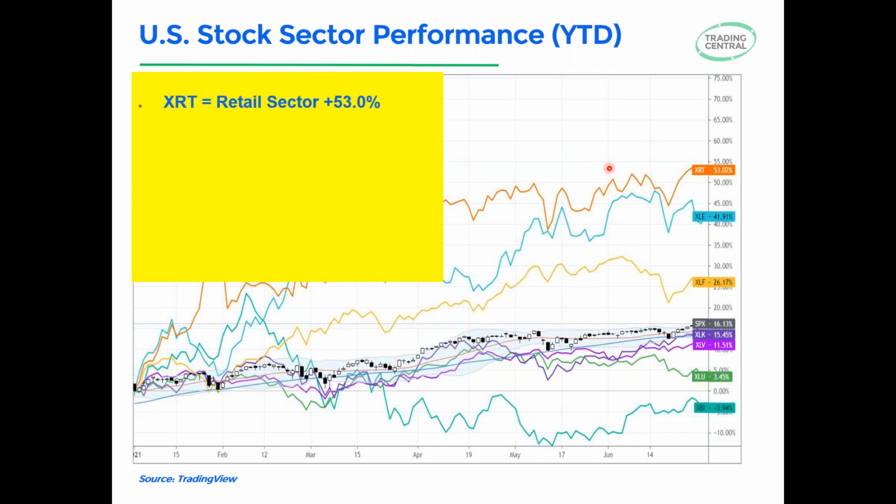XLT is the retail sector. So we have very good progress of vaccination in the US and around the major developed countries in the world. We are seeing people coming out.